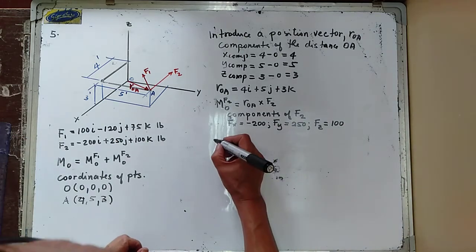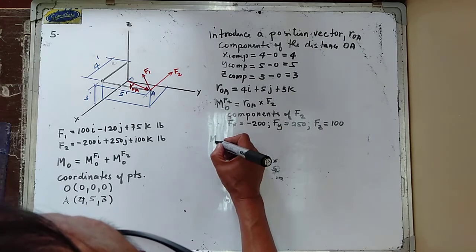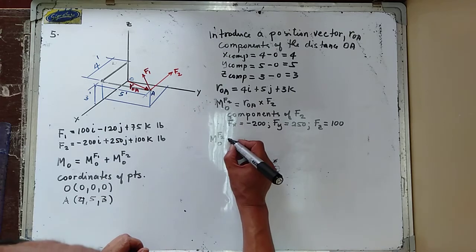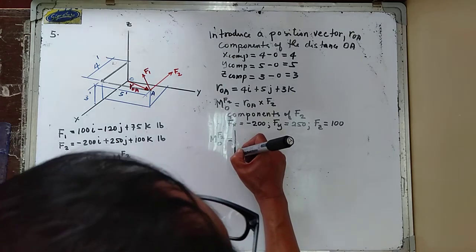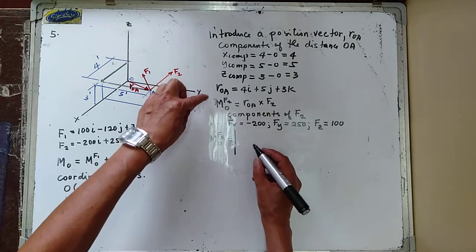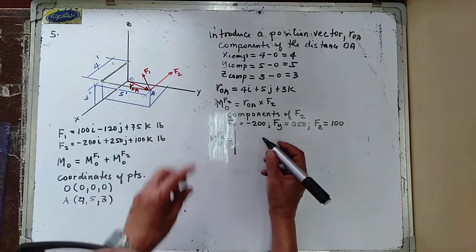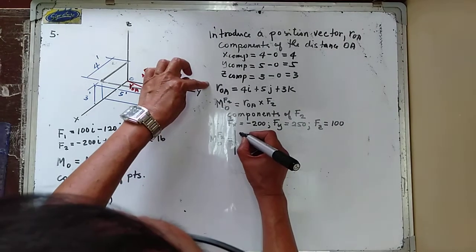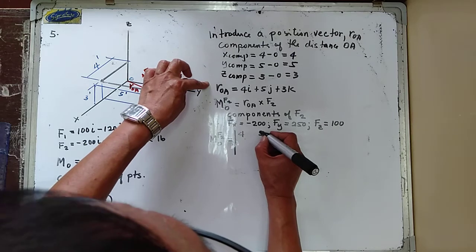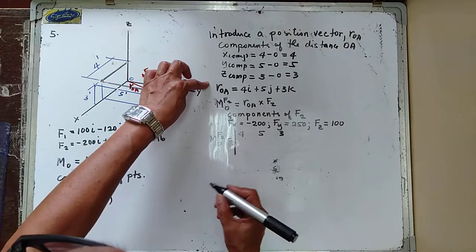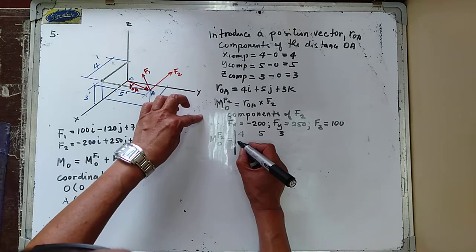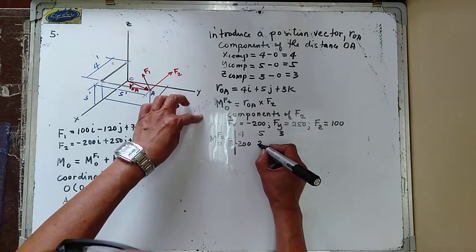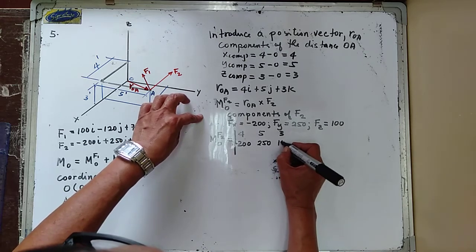Hence, the moment of F2 about point O is now equal to the cross product of the position vector and the vector F2. So that is again 4, 5, and 3, and negative 200, 250, 100.